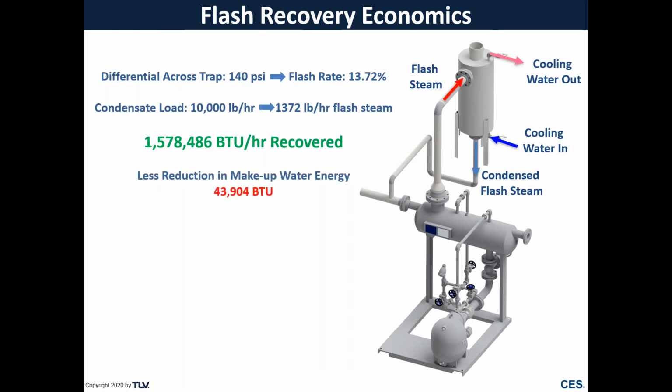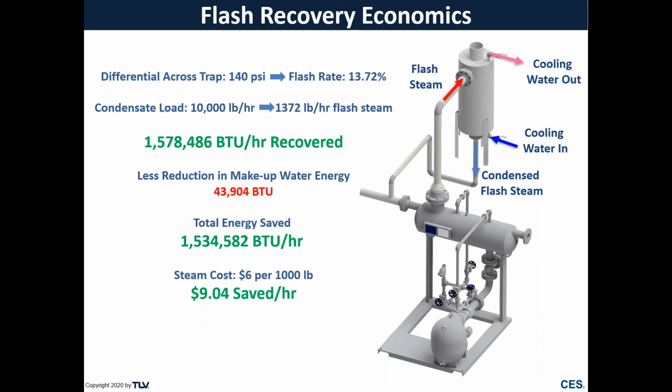It's important to note that because we're recovering that water back into the system, that is that much less makeup water that we're bringing into the system. Makeup water is not very hot. It's only coming in at, let's call it, 70 degrees, but there still is energy content there that we are not bringing into the system. So we have to subtract that from the total energy recovered, giving us our total energy saved of a bit less, still about 1.5 million BTUs.